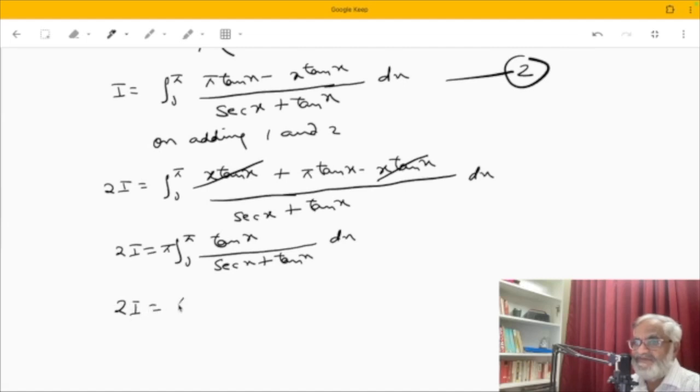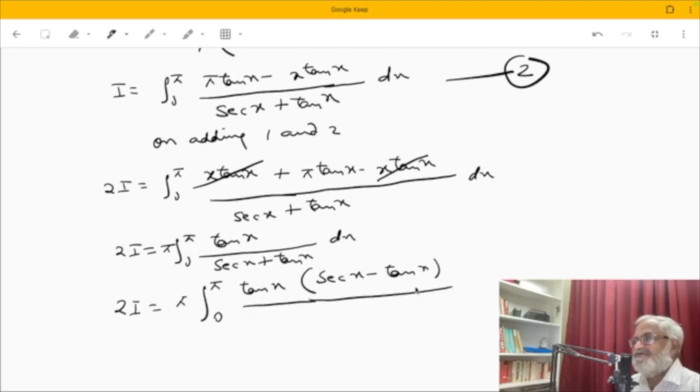Twice I equals pi integral 0 to pi of tan x into sec x minus tan x upon sec x plus tan x into sec x minus tan x dx.